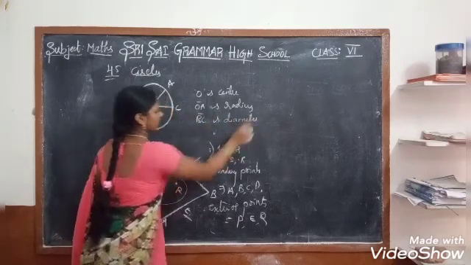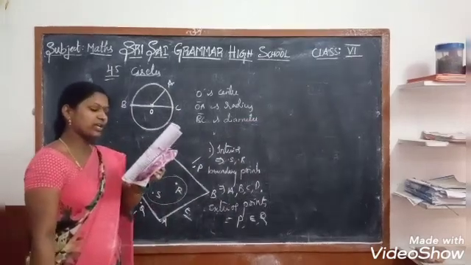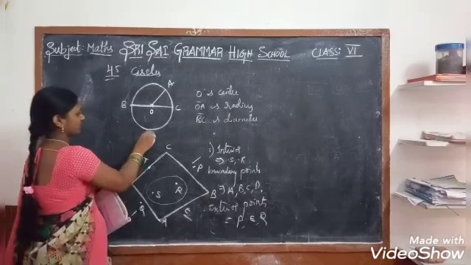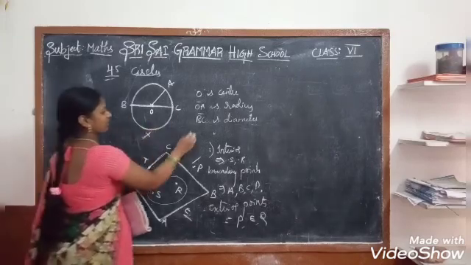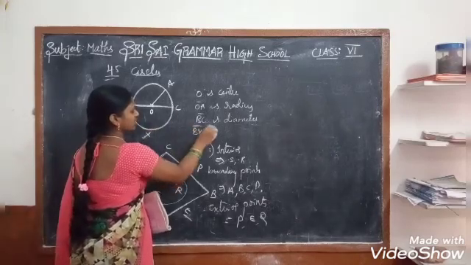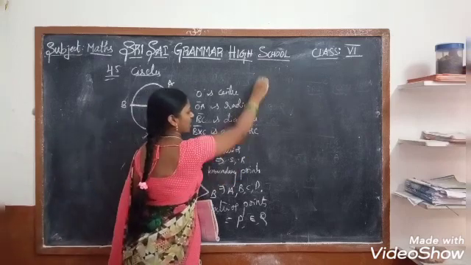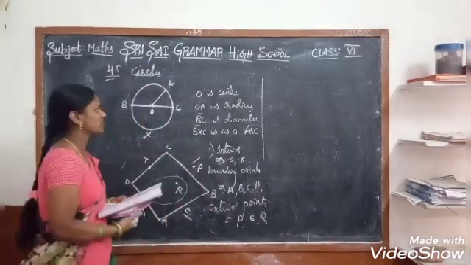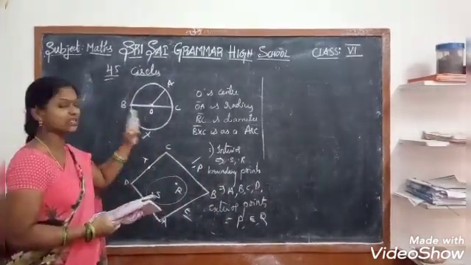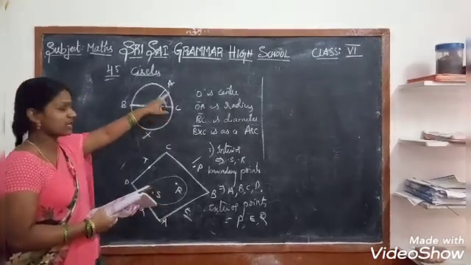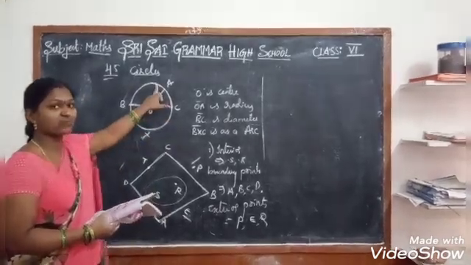BC is diameter. Now here they are saying to show the arc. So just give X: BXC is an arc. Understood everyone? How to represent on a circle the center, radius, diameter and the arc? They said to draw a circle, we have drawn a circle.